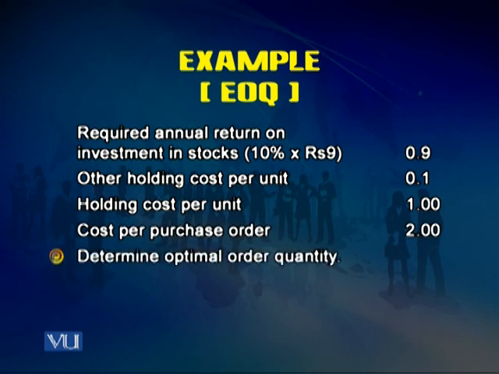Determine optimal order quantity. Holding cost has been broken down into two parts. One part is the opportunity cost of investments in stock, and there a rate of 10% has been used. The cost per unit is ₹9, so 10% of that, 0.9, is the opportunity cost of investment in inventory, and we are told that other holding cost is 0.1 per unit.